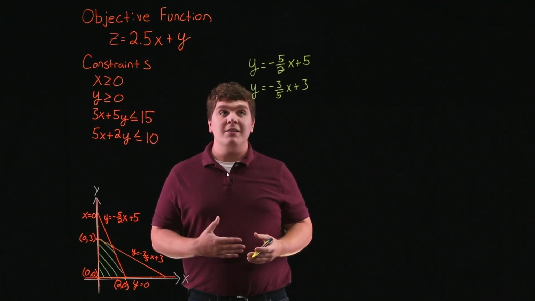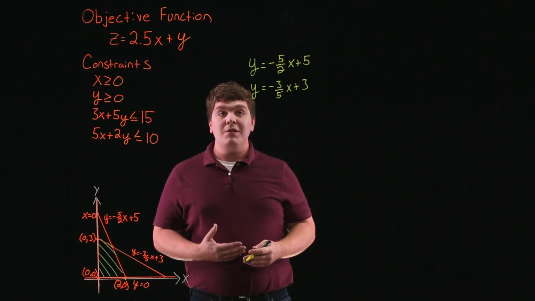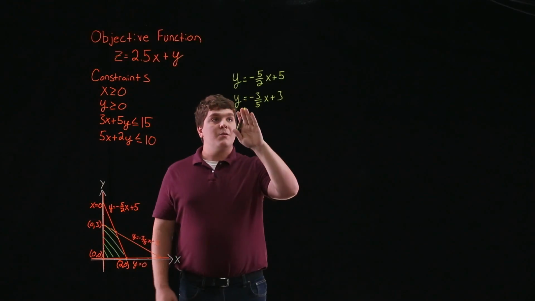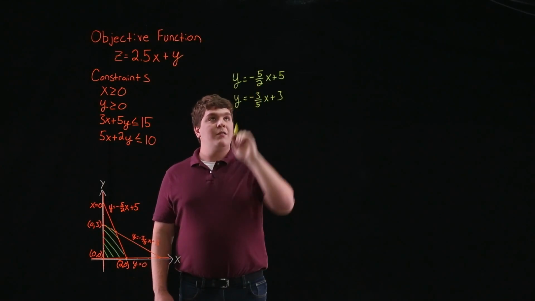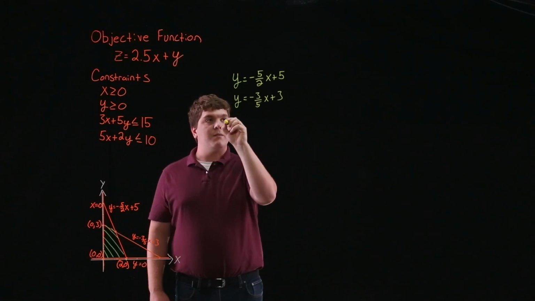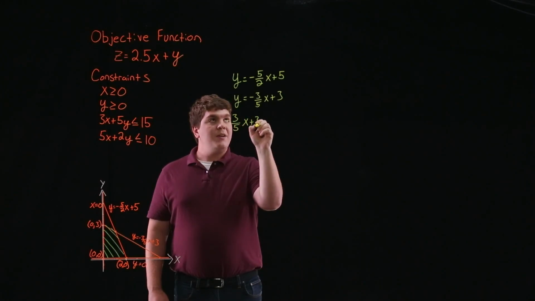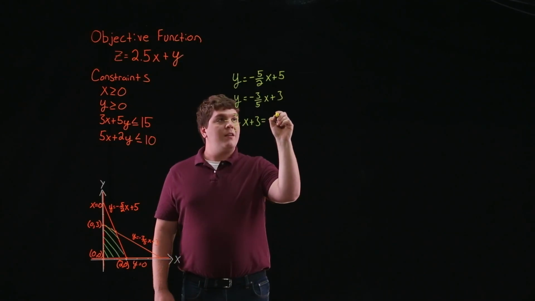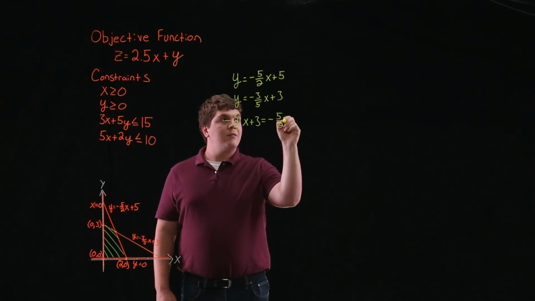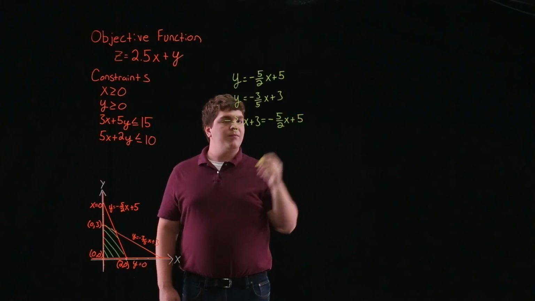Now to find where these two lines intersect, we'll wish to set them equal to each other and solve for x. So we'll substitute the expression for y in the bottom equation into the top equation, which leaves us with negative 3/5 x plus 3 is equal to negative 5/2 x plus 5.